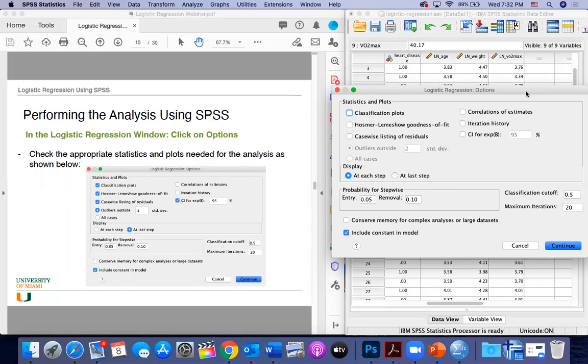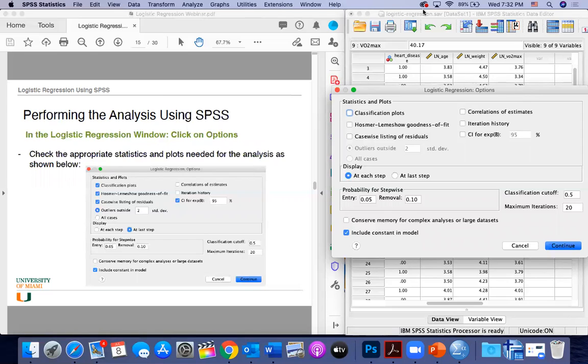However, I will say just go and click the statistics and plots needed for the analysis, because once you assess the assumption, you will just go back, delete the interaction terms, and rerun the analysis. So you don't have to click on the options again and do all the things again.